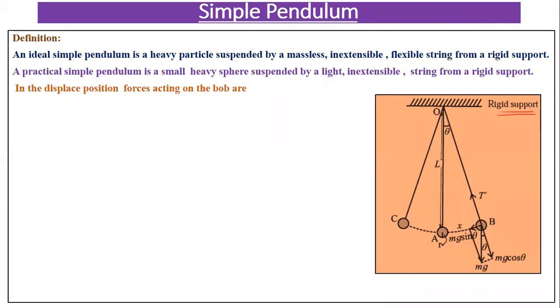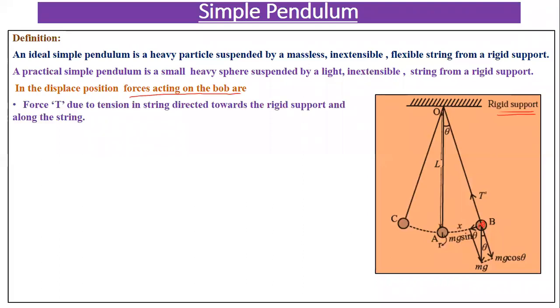In the displaced position, when the bob is displaced, at position B here, the forces acting on the bob are, the first force is tension in the string. The second force is weight, mg.